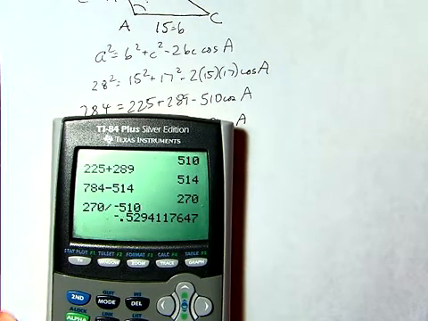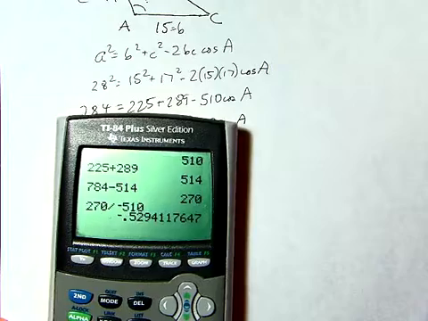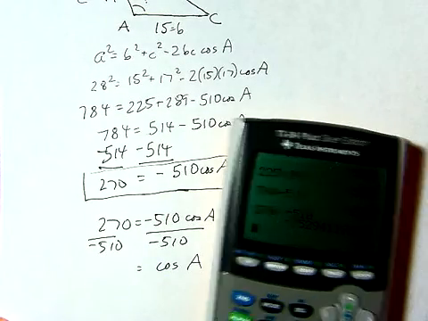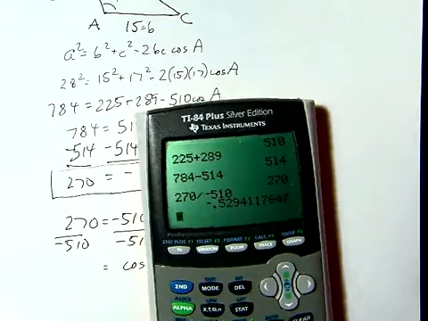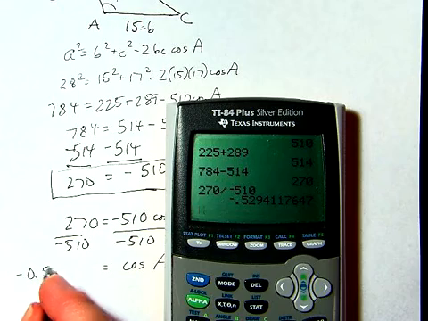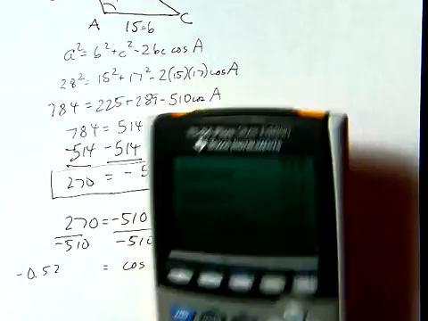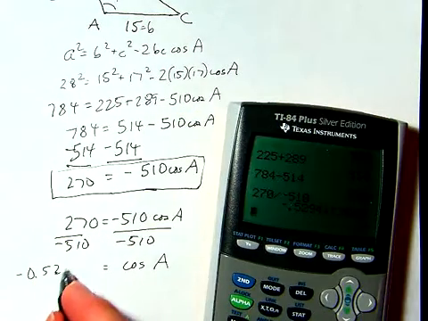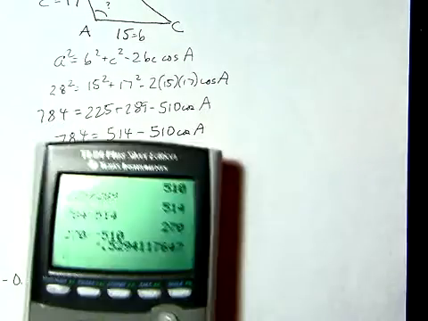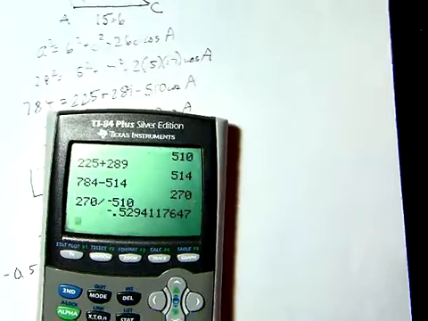And I get negative 0.529411. Let me at least take it to a few decimal places. But it doesn't matter anyhow, because what I'm going to do now is I want to use a calculator.